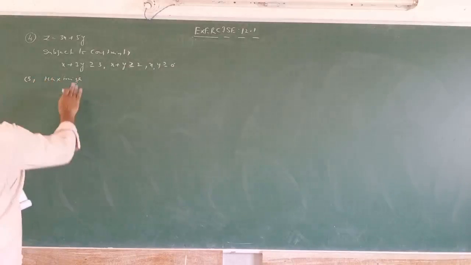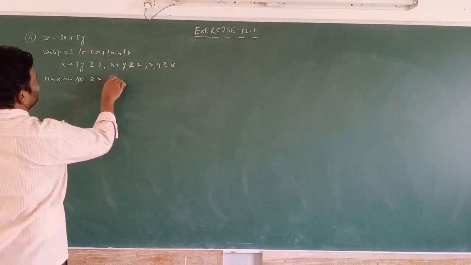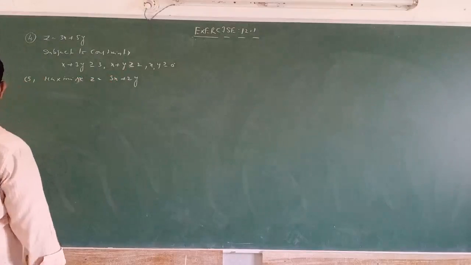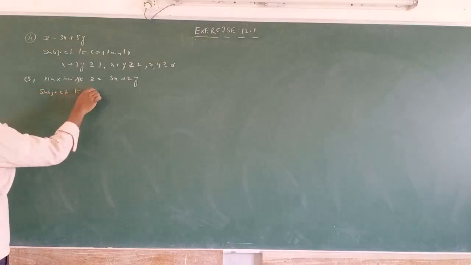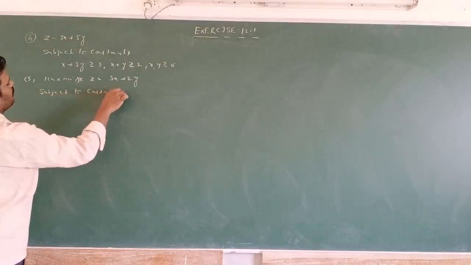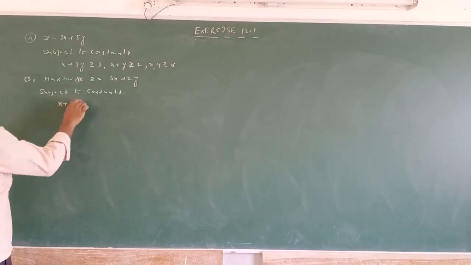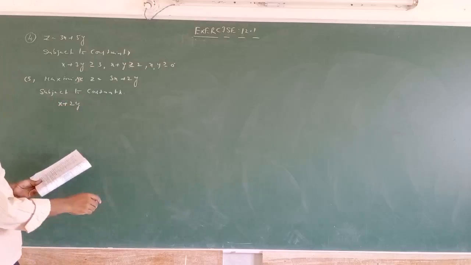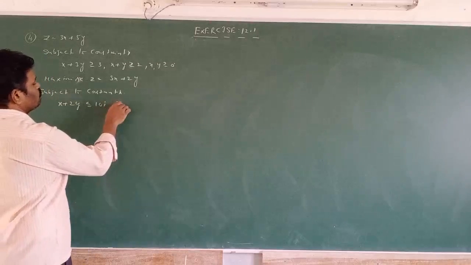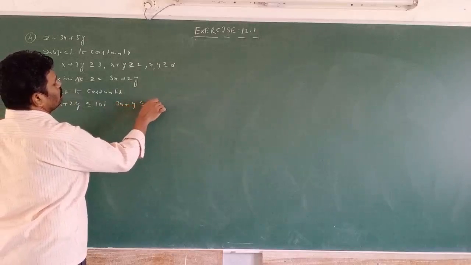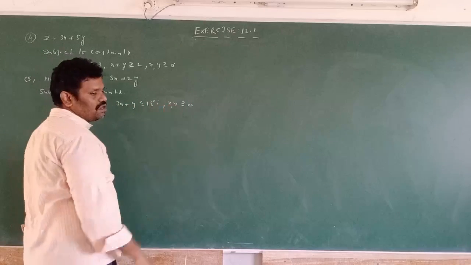Maximize z is equal to 3x plus 2y, subject to constraints: x plus 2y is less than or equal to 10, 3x plus 5y is less than or equal to 15, and x, y is greater than or equal to 0.